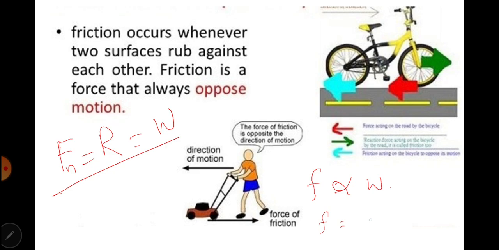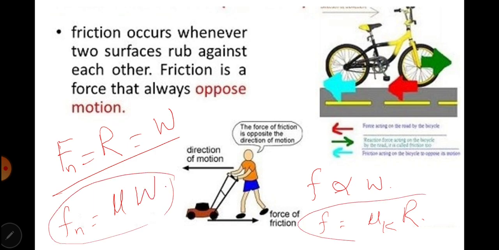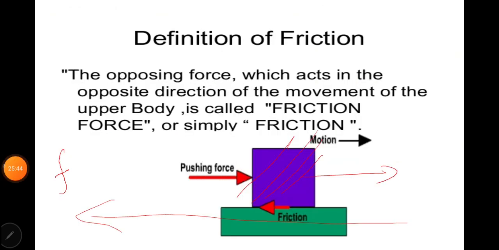Force of friction is equal to mu k into R. F is equal to mu into W. This is also the same equation. F is equal to mu into the normal force Fn. All these relations mean the same thing. So the force of friction is the opposition to the motion of the body.